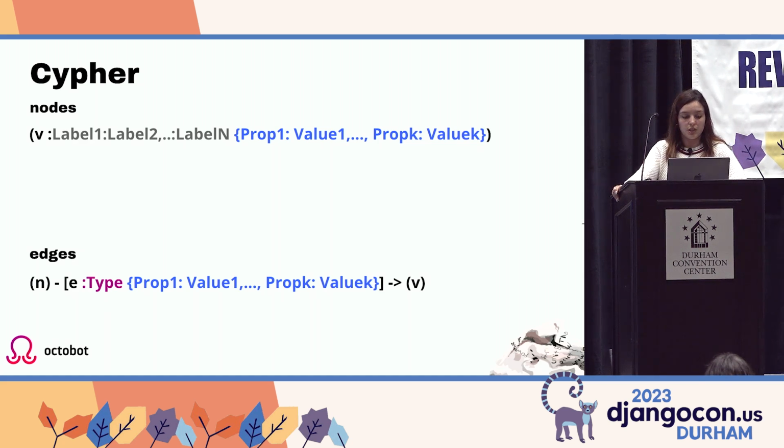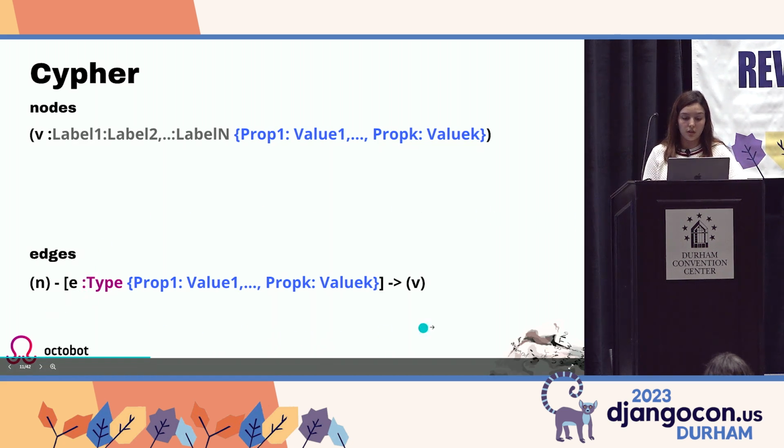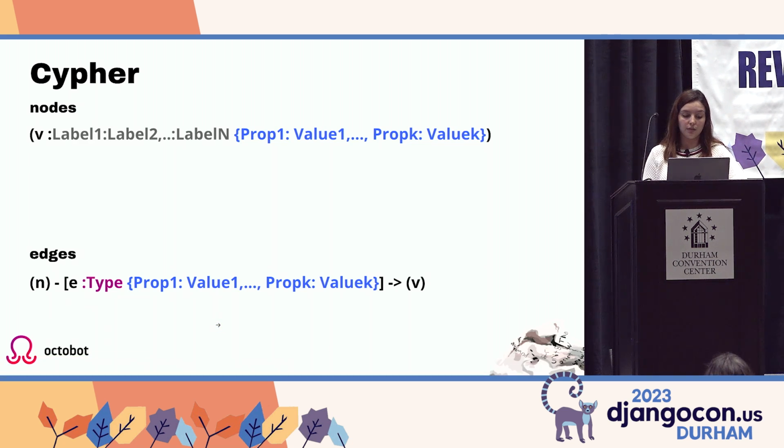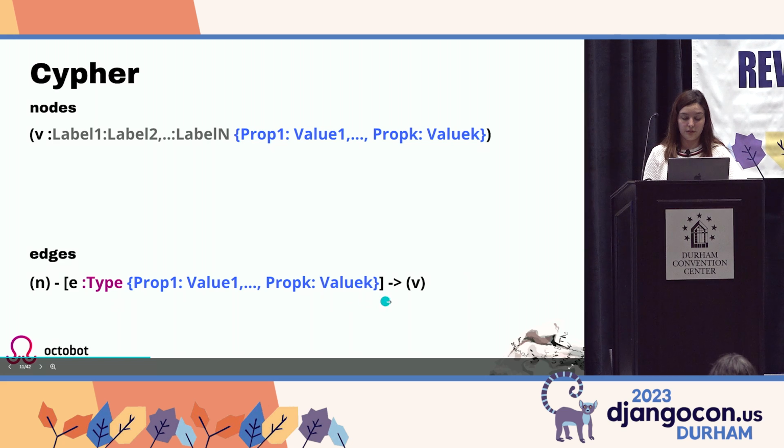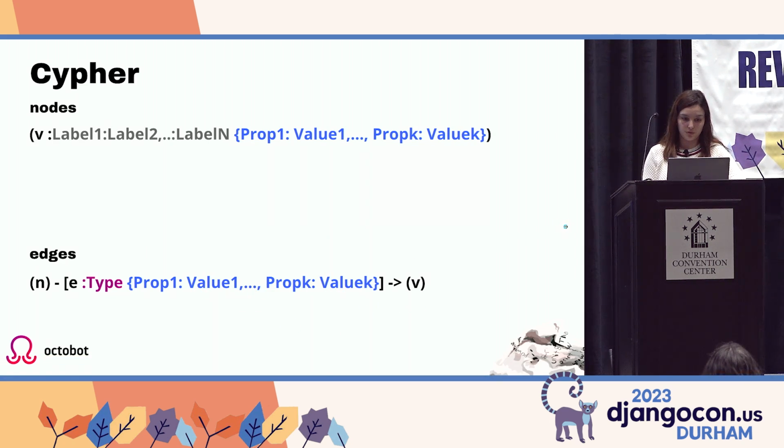And then for edges, the edge has to be between brackets, in this example, and between two nodes. For example, here it is in between N and B, and we have to, of course, add the direction between these nodes. And optionally, we can add the properties to identify this relationship too.